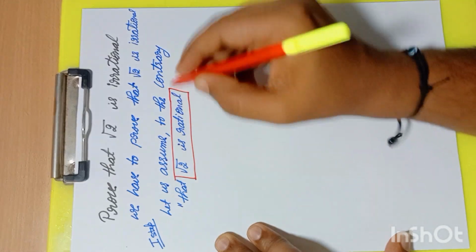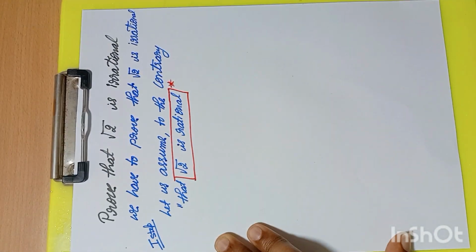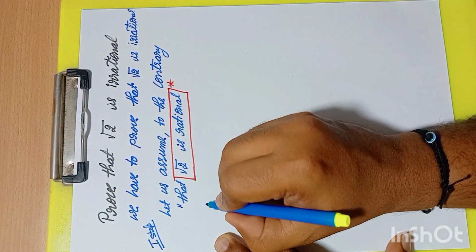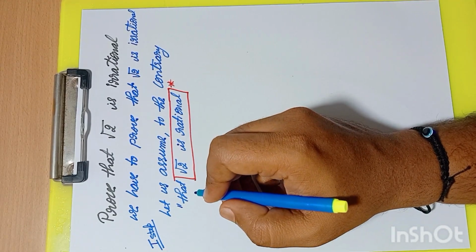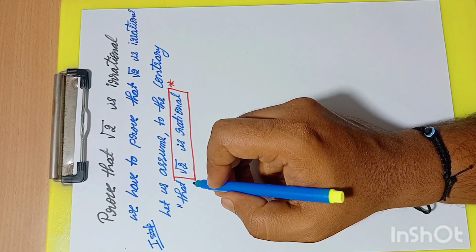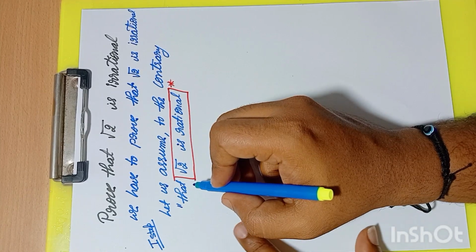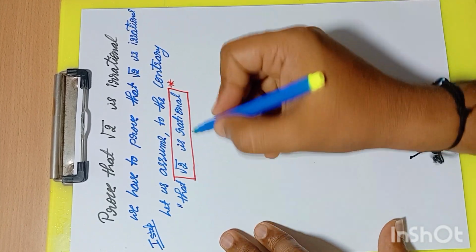What I am highlighting now is an important point. The first step we have to write is the contrary of what is taken in the question, that root 2 is irrational. We have assumed the contrary, that root 2 is rational.